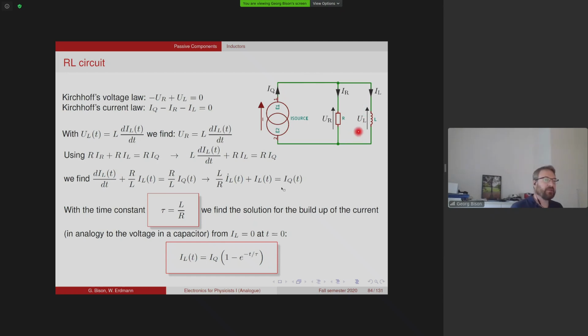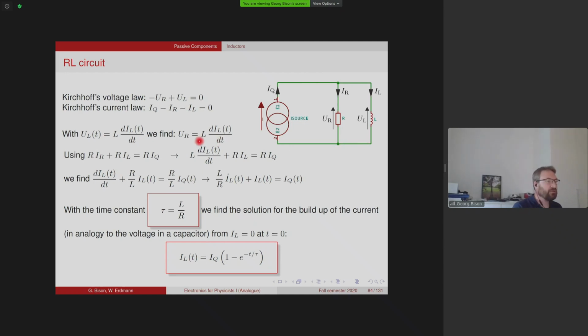And we have to give this current an alternative route, and for that reason, the resistor in the problem has to be in parallel to the coil. Again, we use Kirchhoff's laws to derive the important equations. So the current law in this junction here, and the voltage law that simply tells us that the voltage across the resistor is the same as the voltage across the inductor.